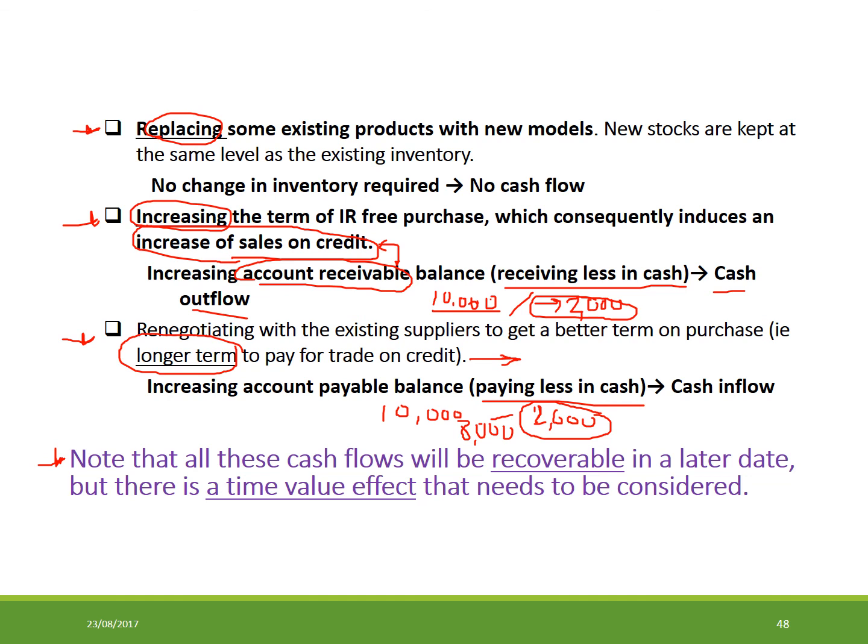So all these examples that we went through today do not mean that this is a savings for us, right? This is just a cash effect. So these items will be recovered at a future date, but we just recognize the time value effect on the cash flows in our calculation of the free cash flows, right?